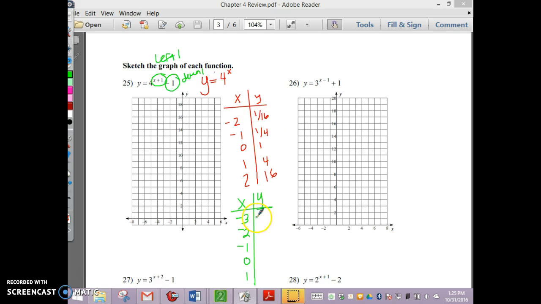Down 1, so that is negative 15/16, negative 3/4, 0, 3, and 15. So negative 3, negative 15 sixteenths. Negative 2, negative 3/4. Negative 1, 0. 0, 3. 1, 15. This is scaled nice for us.